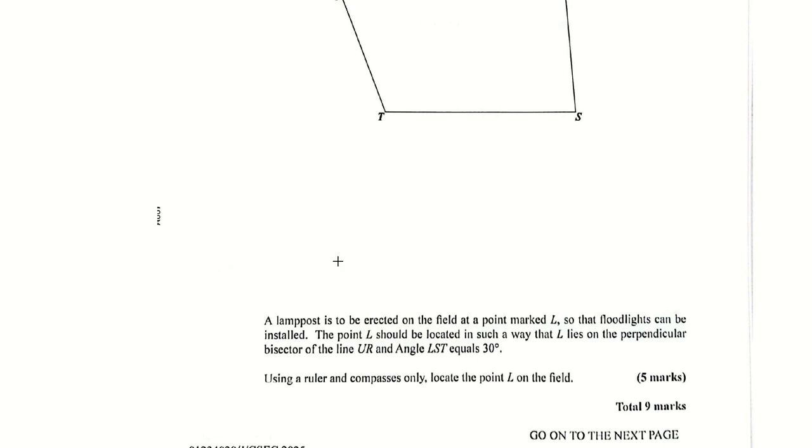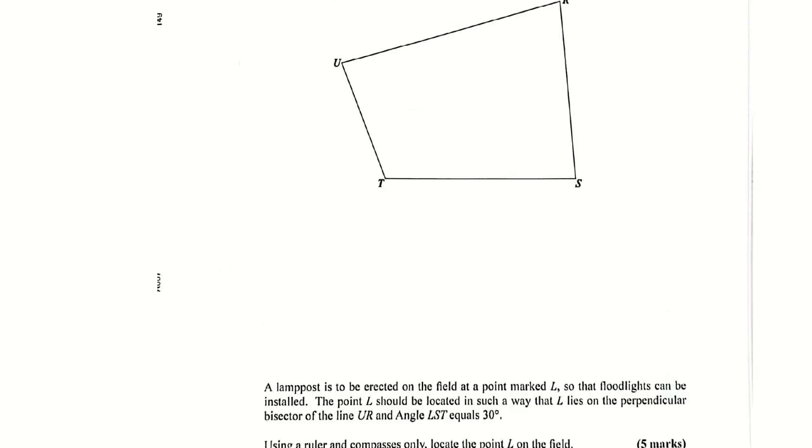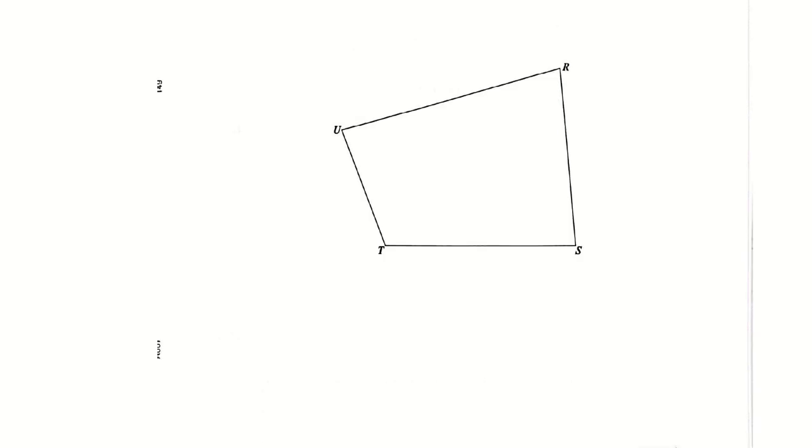So you need to find your perpendicular bisector of UR, and then create an angle LST so that angle S is 30 degrees using compass and ruler only. Locate L, where the 30 degree line and your perpendicular bisector intersect.